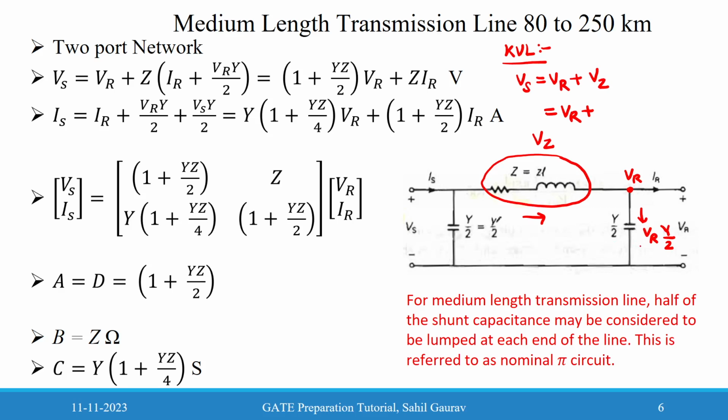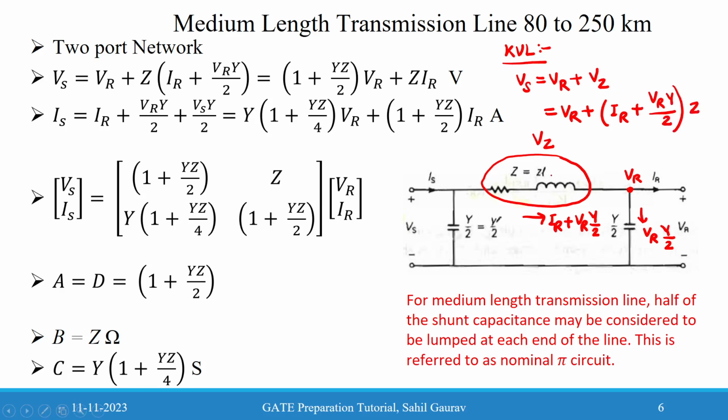Are you getting this? Getting, sir. So IR plus VR Y by 2 is the current flowing through this impedance Z. So we can write that here the current is IR plus VR Y by 2, and Z. Correct.